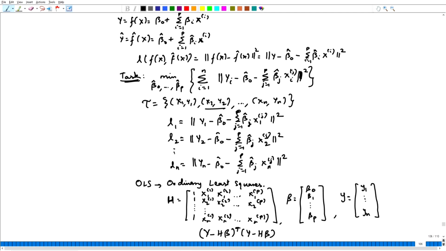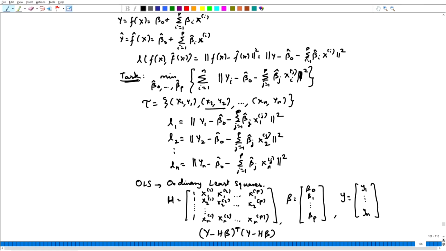You should ask how does this work. Just look at what H beta is. The first element is beta naught plus beta 1 x1 1 plus beta 2 x1 2 dot dot dot beta p x1 p. So, the first element of y minus H beta is y1 minus beta naught minus beta 1 x1 1 minus beta 2 x1 2 minus dot dot dot beta p x1 p.